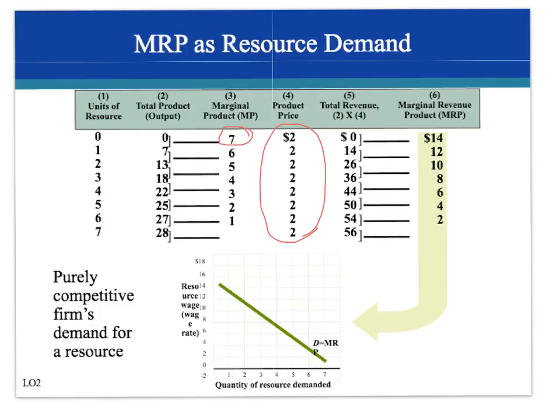The marginal revenue product is marginal product times the product price, and we get 14. Going from 0 to 1, notice the points are going to be in between because it's marginal. We're looking at the marginal revenue, and so between 0 and 1, we have a marginal revenue product of 14.